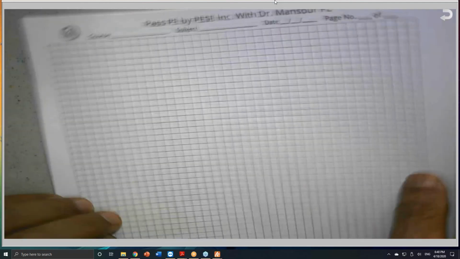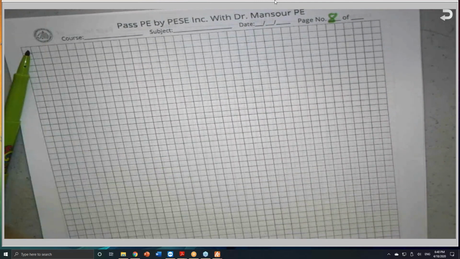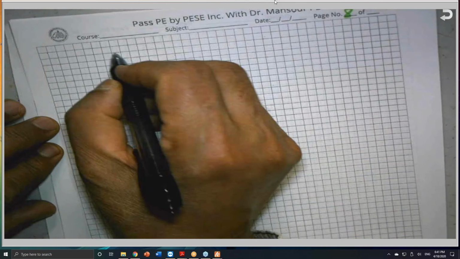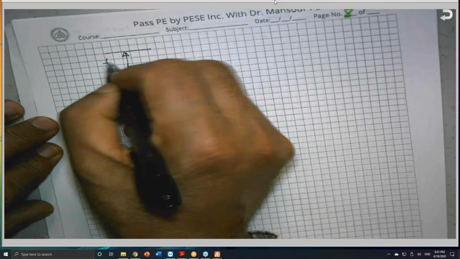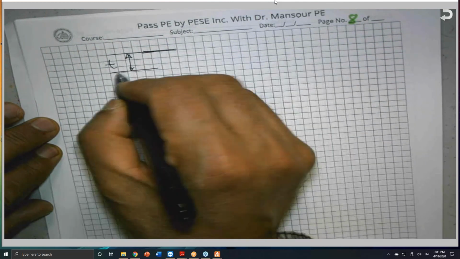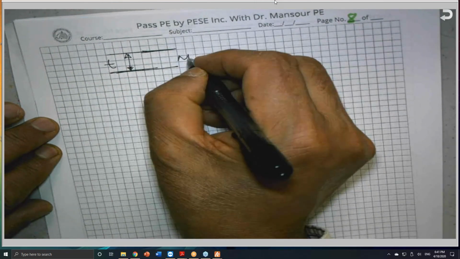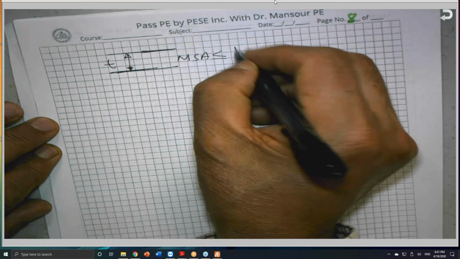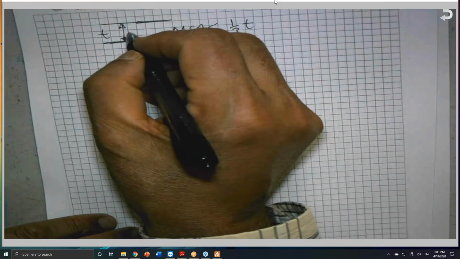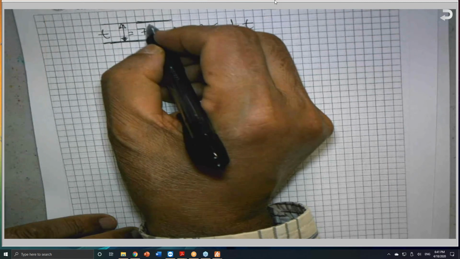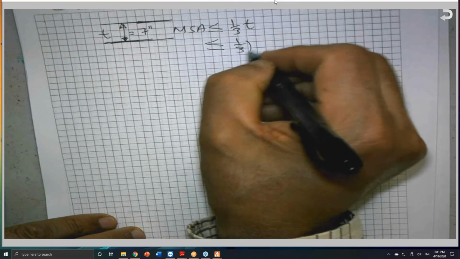The ACI is saying, if you do have a concrete slab, slab on grade or any kind of slab, and the slab has a thickness T, then the maximum size aggregate MSA should be less than or equal to 1/3 T. For example, if this is a 7-inch slab thickness, I take 1/3 of the 7 inches.